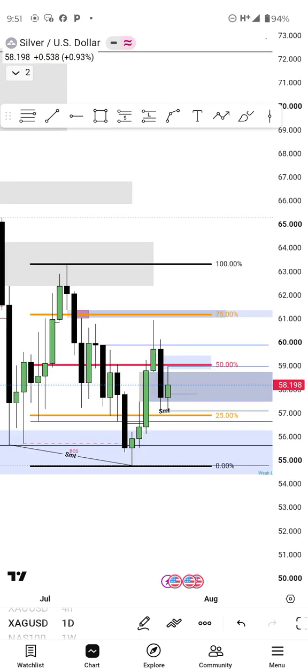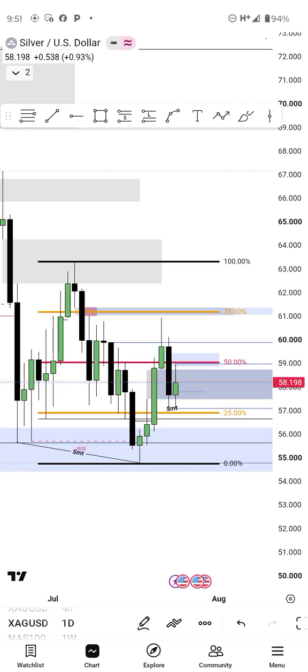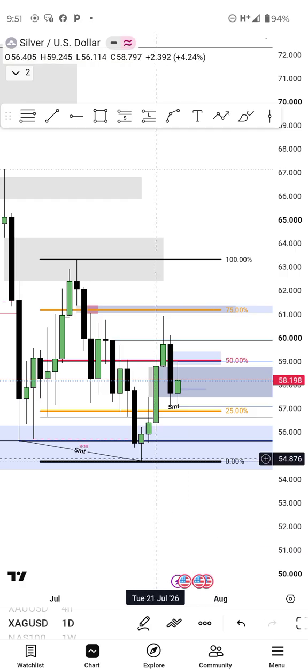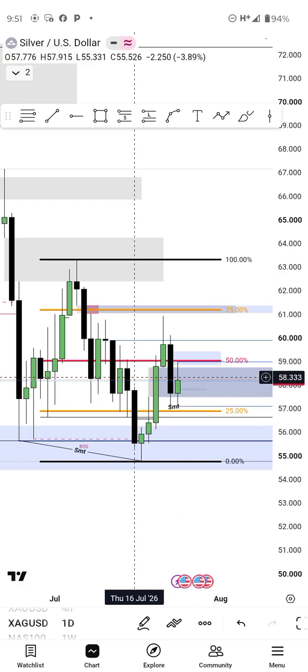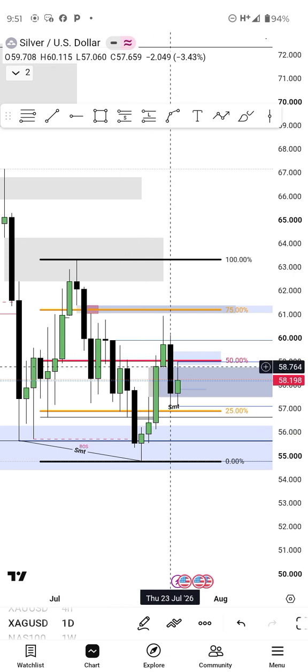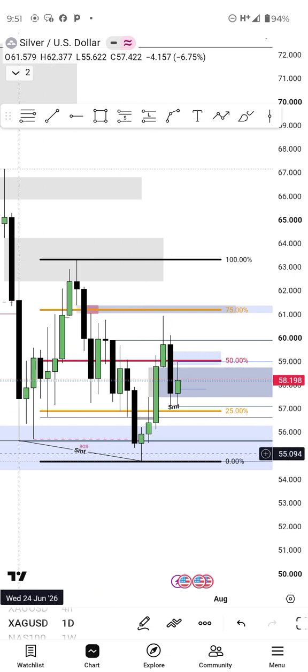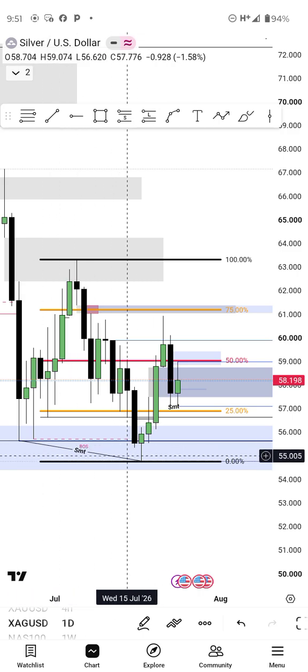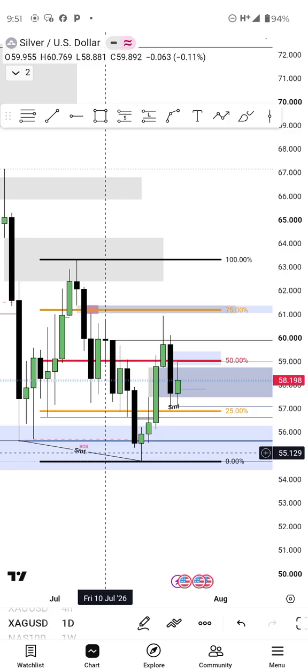At the same time, on the daily time frame, here we change state in delivery. We sweep liquidity below these lows, SMT with gold. We sweep liquidity below these lows, but gold couldn't sweep liquidity below these lows. That shows relative strength in gold.